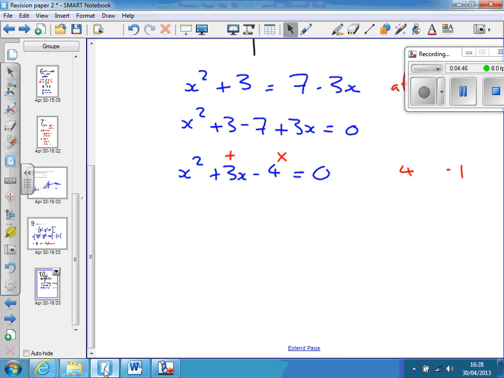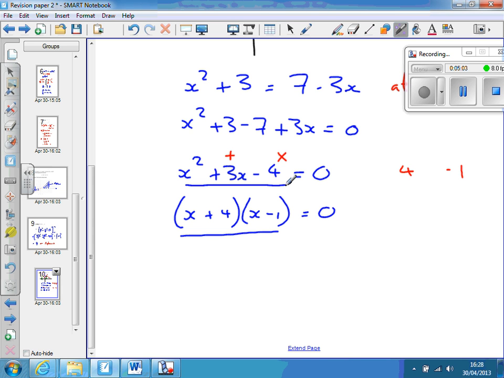So I can rewrite this as x plus 4 times x minus 1 equals 0. Do you remember this idea of factorizing? If I multiply out these brackets, I'd get back to this. You can try it and see that that works.